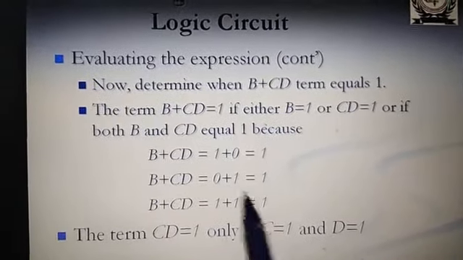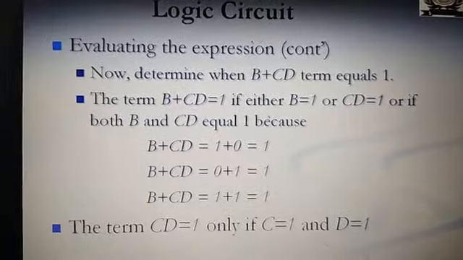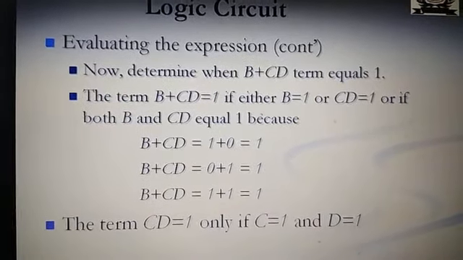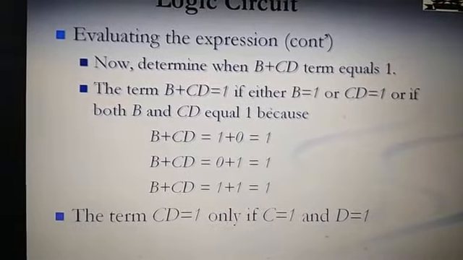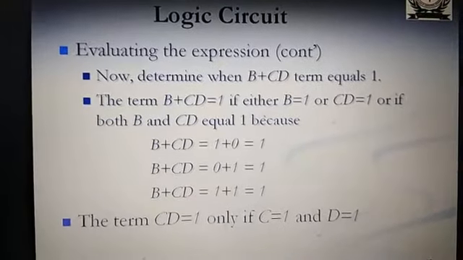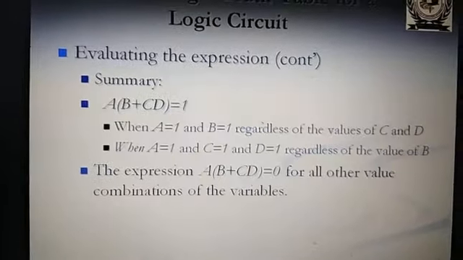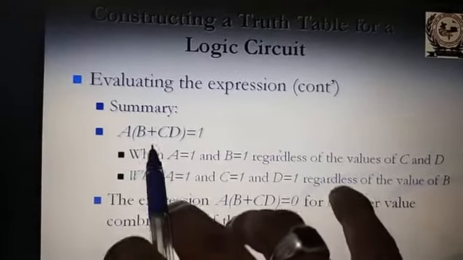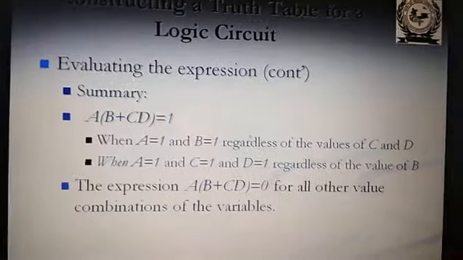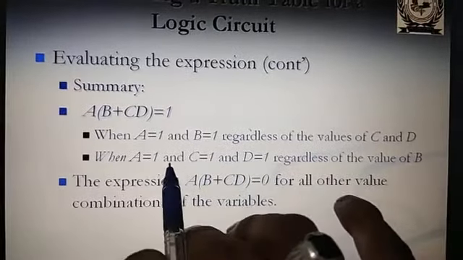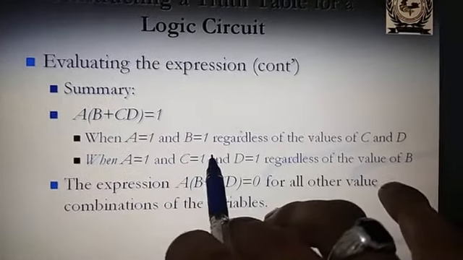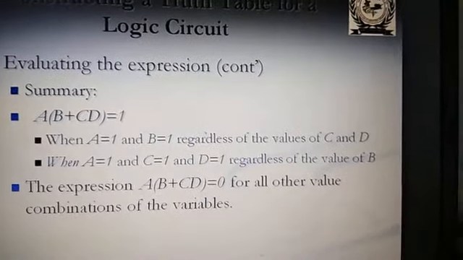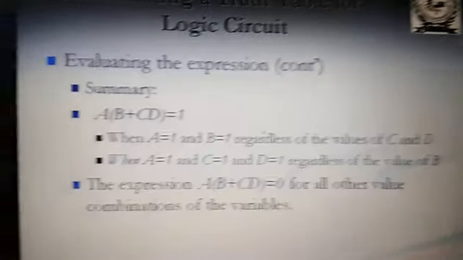Now the next one, how does CD become equal to 1? The term CD equals 1 only if C is equal to 1 and D is equal to 1, as per the rule of the AND gate, right? Then A into bracket B plus CD is equal to 1 when A is equal to 1 and B is equal to 1, regardless of the values of C and D, right?